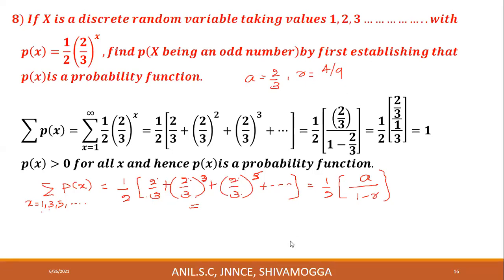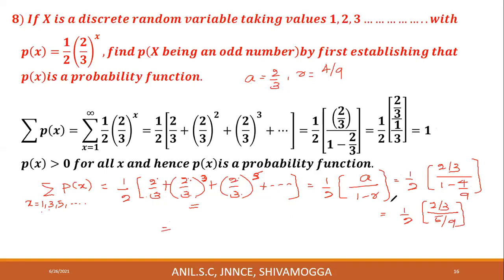Now substitute. This is equal to half into a divided by 1 minus r, where a is 2 by 3 and r is 4 by 9. Therefore, this is equal to half into 2 by 3 divided by 1 minus 4 by 9, which is 5 by 9.